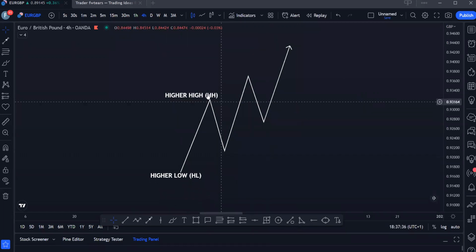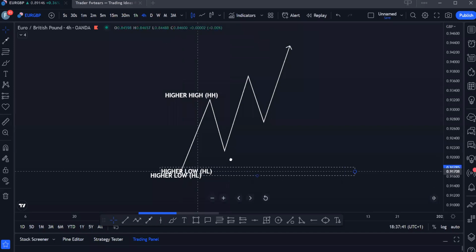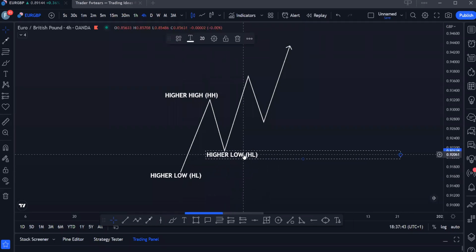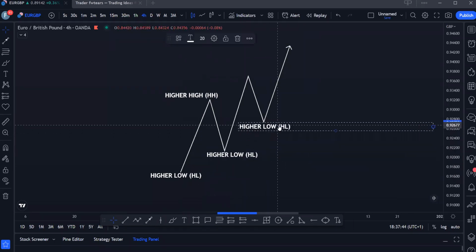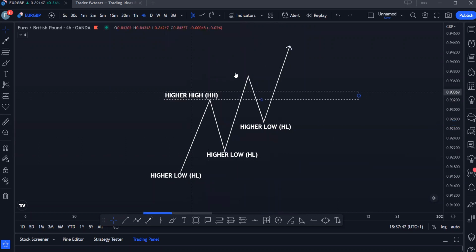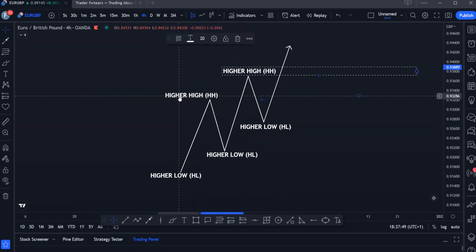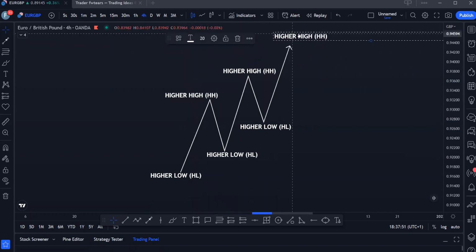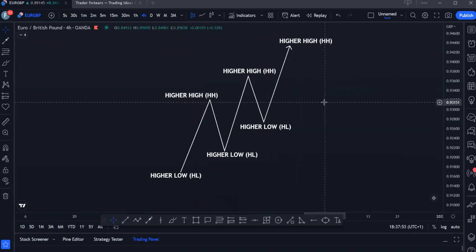Okay, and then at this correction over here, this is another higher low. This is higher low, higher high, like so. Okay, so an uptrend is made up of higher lows and higher highs.